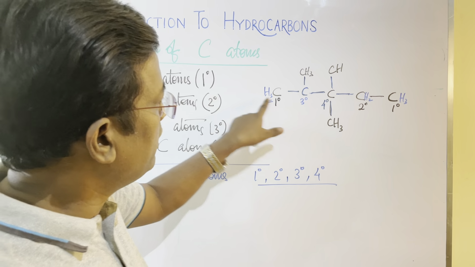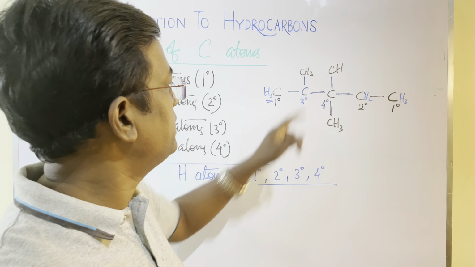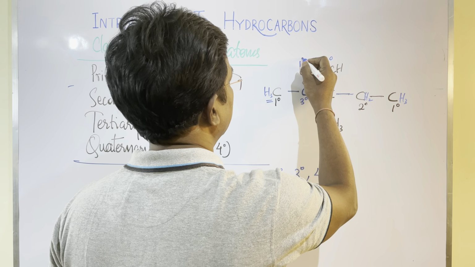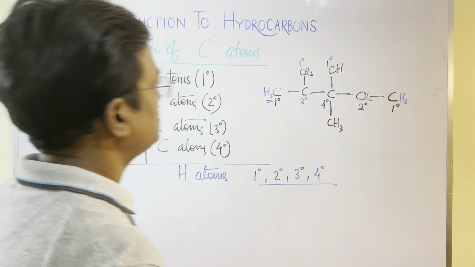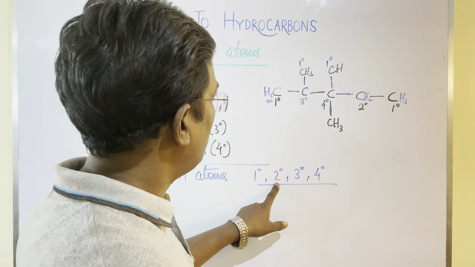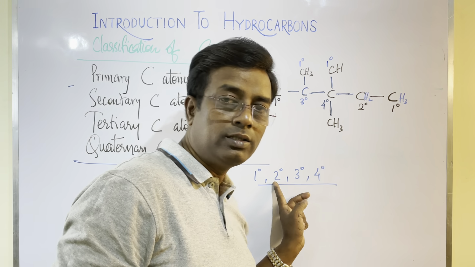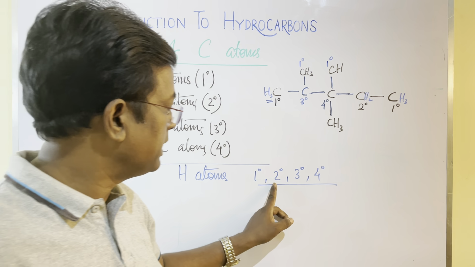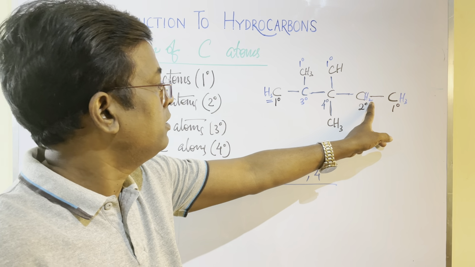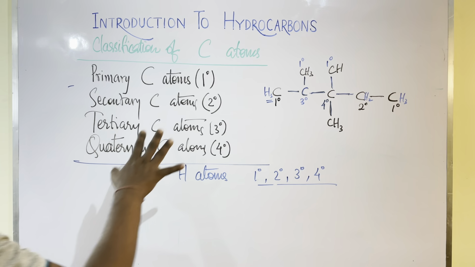So these three along with these three are primary. This is also a primary hydrogen atom. And this is also primary carbon. Similarly, the hydrogen bonded to the secondary carbon atom is also called a secondary hydrogen atom. These two are your secondary hydrogen atoms. Fine. So this is quite easy here.